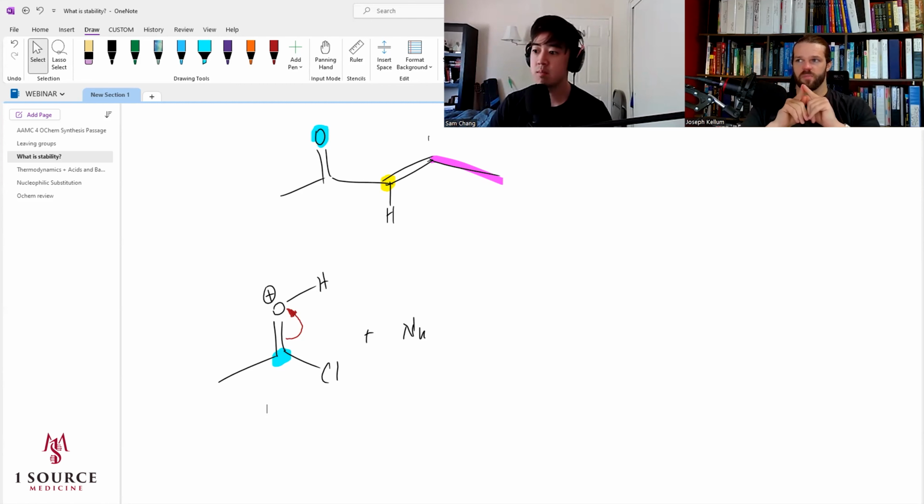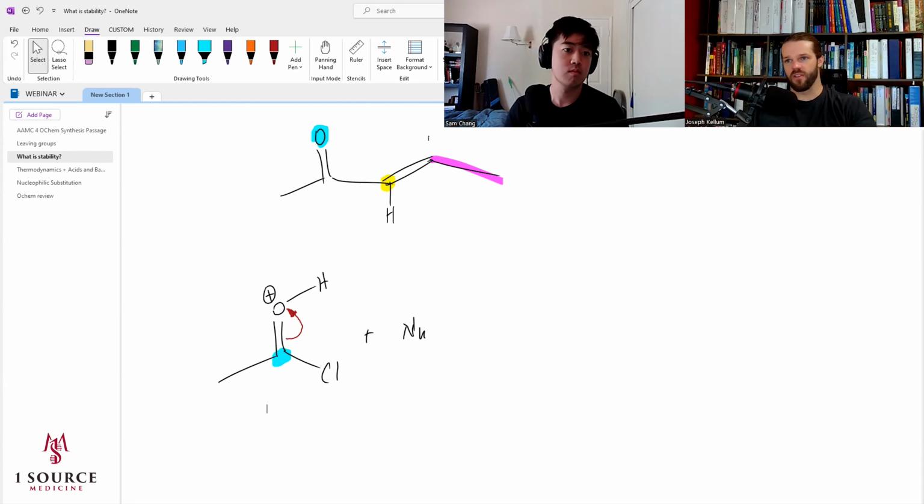Fundamentally speaking, all of the separation techniques, which means the vast majority of the techniques in OChem, are going to be just looking at what is different between two molecules and how can we exploit that to keep one and get rid of the other. That is the idea with all of the separation stuff.